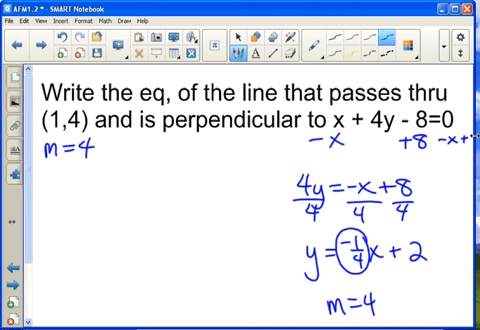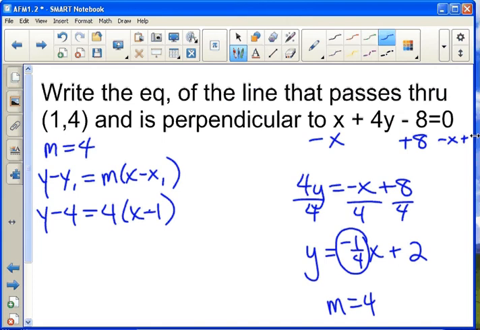So I will again use the point slope formula to do this. y minus 4 equals 4 times x minus 1. So we do y minus 4 equals 4 times x, 4 times -1, and then add 4 to both sides. So y equals 4x is our final answer.